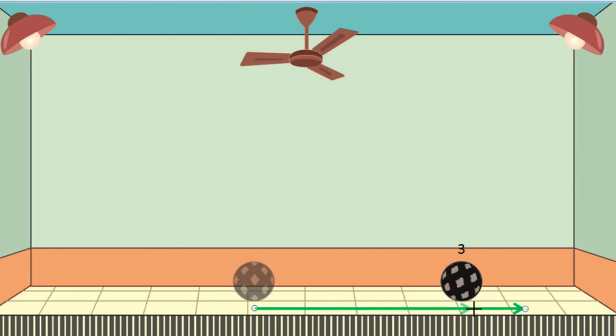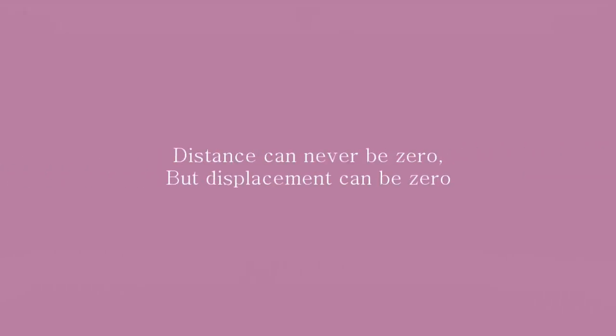Therefore, it is clear that the distance goes on increasing, but the displacement goes on decreasing till the ball comes back to the original position. You know that at the original position, displacement is 0, as there is no difference between the initial and the final position. So, this is another point of distinction which says that distance can never be 0, but displacement can be.